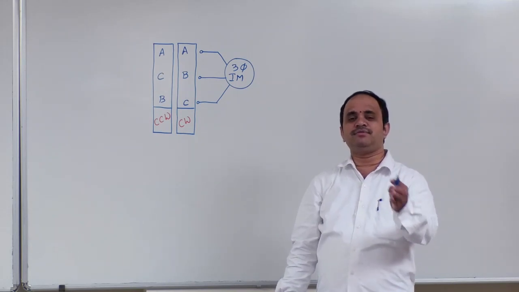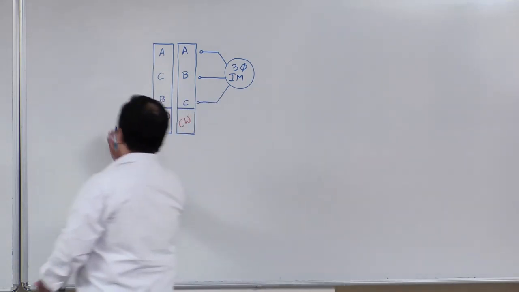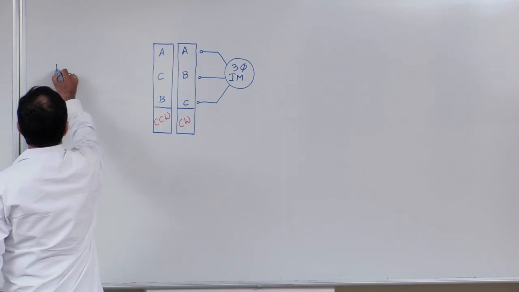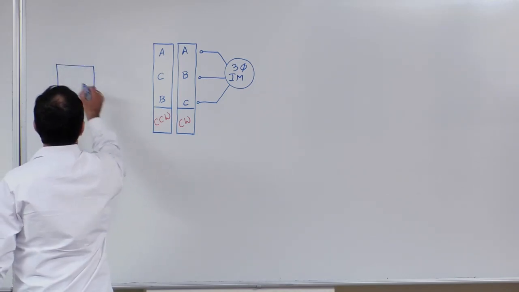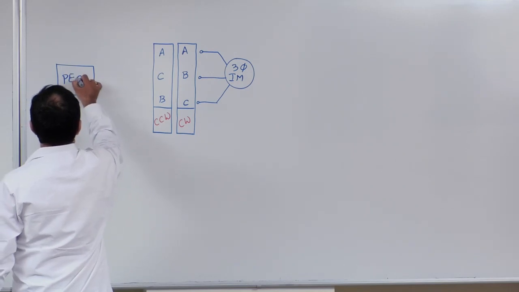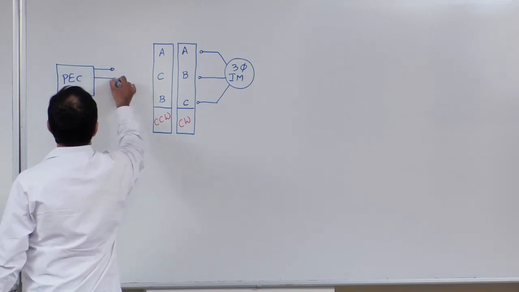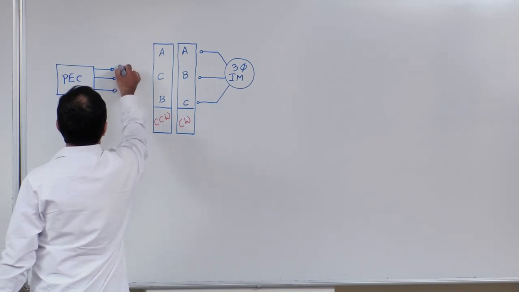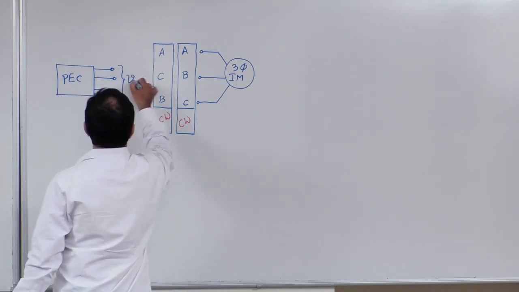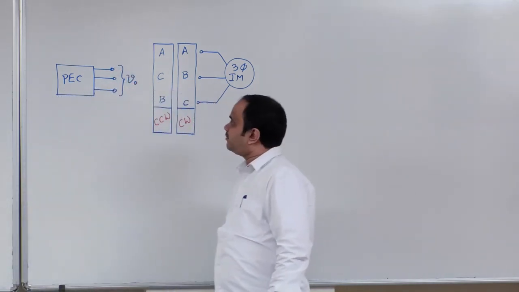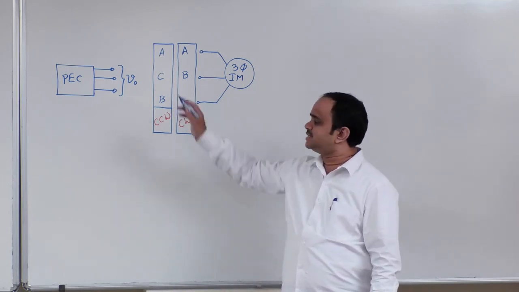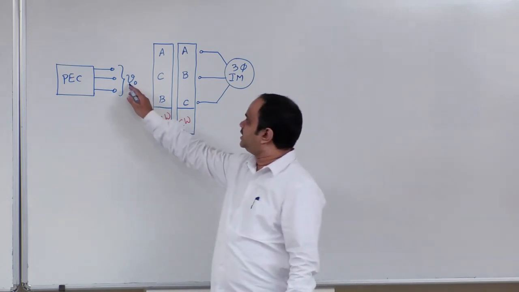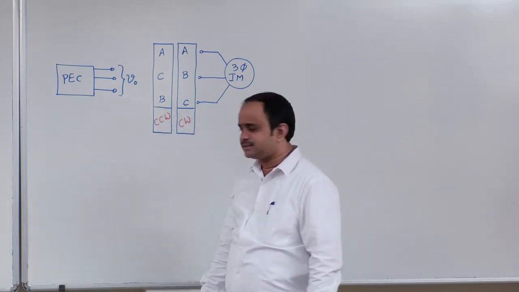But instead of giving a three-phase balanced source voltage, now this three-phase induction machine is operating from some power electronic circuit, for example, whose output voltage has three-phase voltages. Power electronic circuit means, due to switching operation, we can say V0 here is not purely sinusoidal, right?